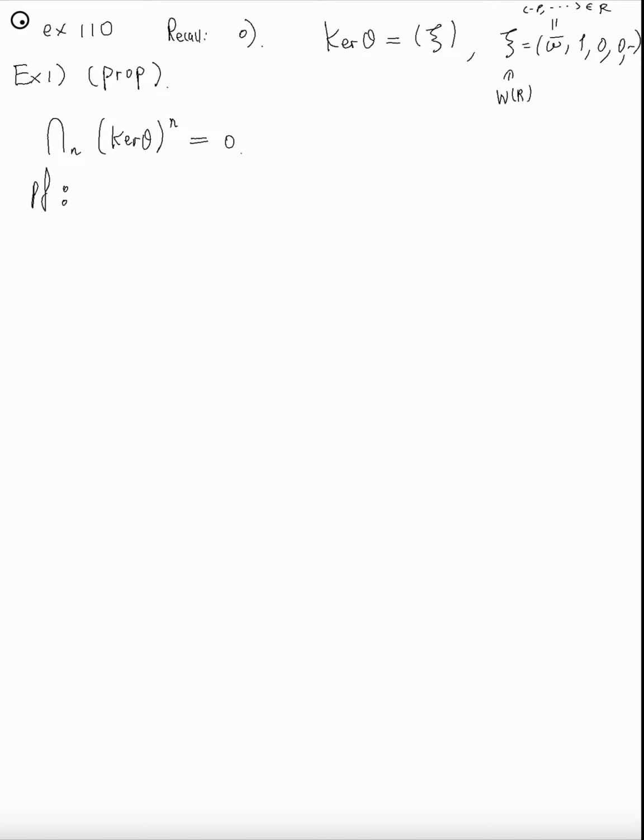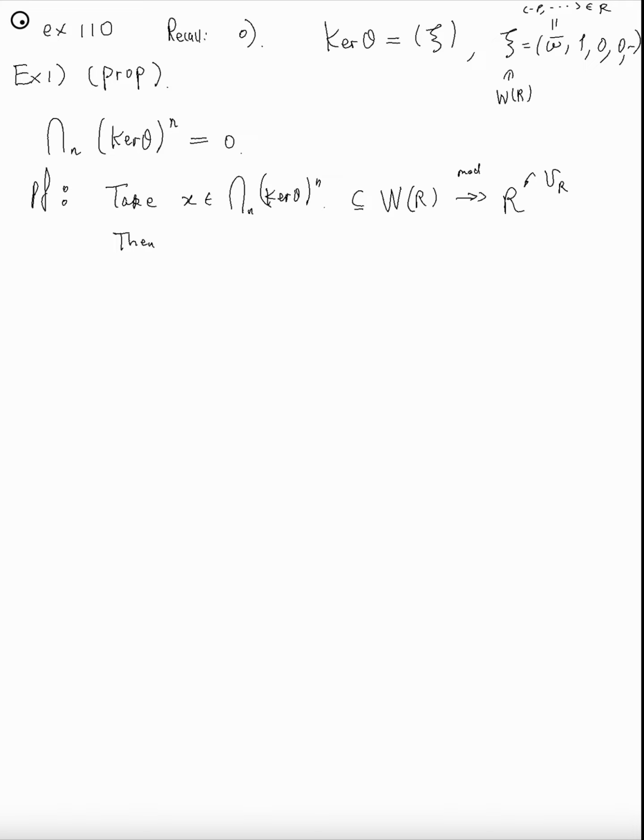Proof. Take any element in the intersection of the powers of the kernel of theta. Notice here it's W of R. If I mod out by p, I get here, and here I have the valuation.